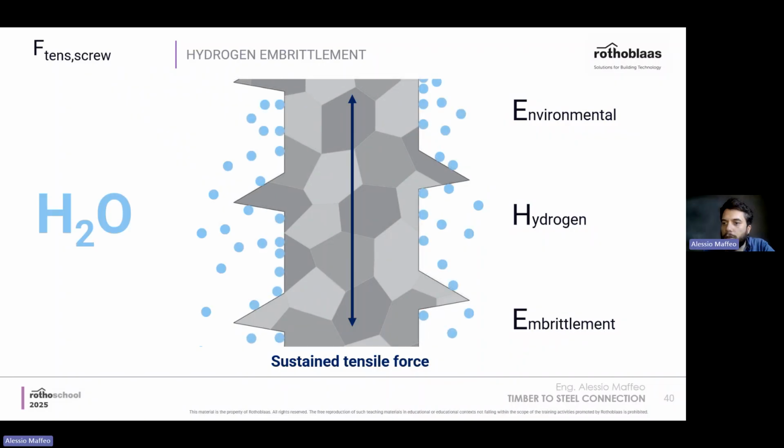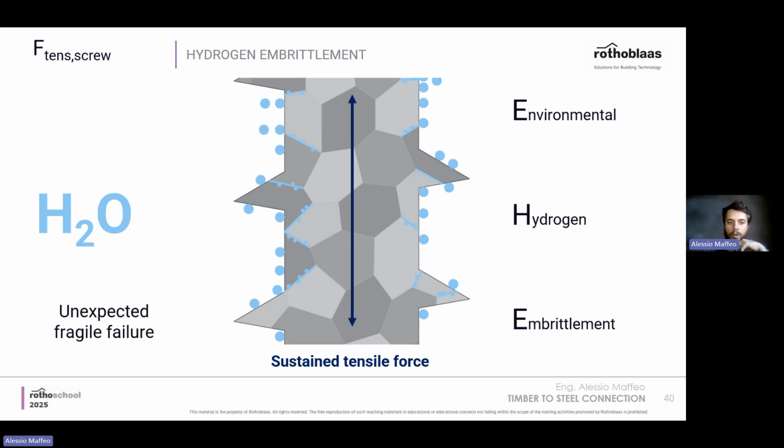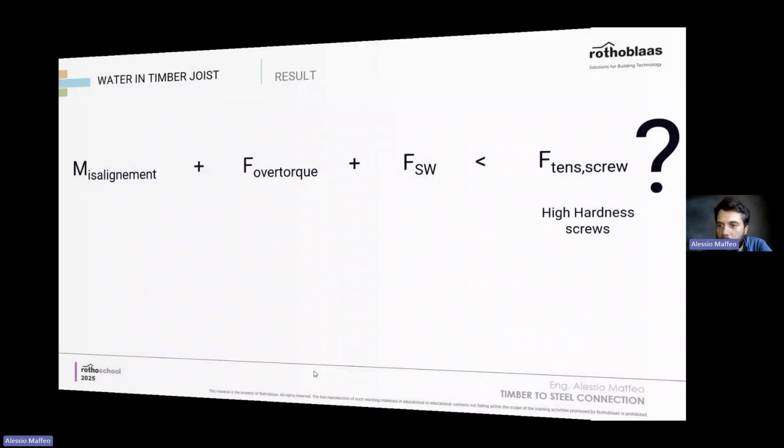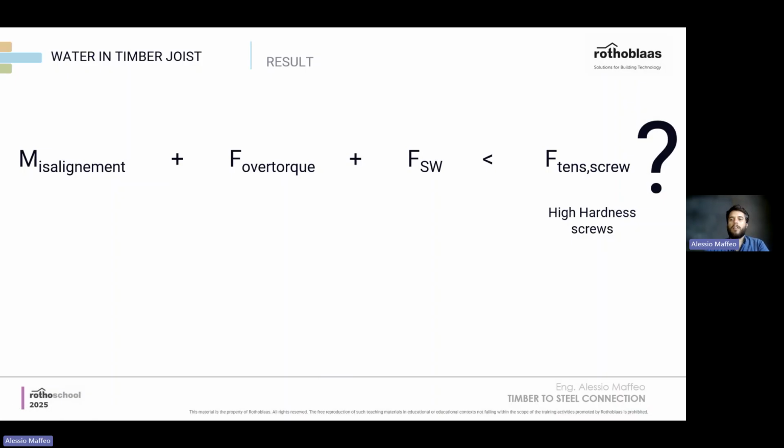For the environmental hydrogen source, it means that it's something that is in the environment. It could be water, also could be corrosion present in the zone of the fastener. And then again, this can lead to unexpected failure if there is a sustained tensile force. Again, we just saw all of these protagonists of this talk: the overtorque, the swelling, the misalignment, and then also we want to add this factor.